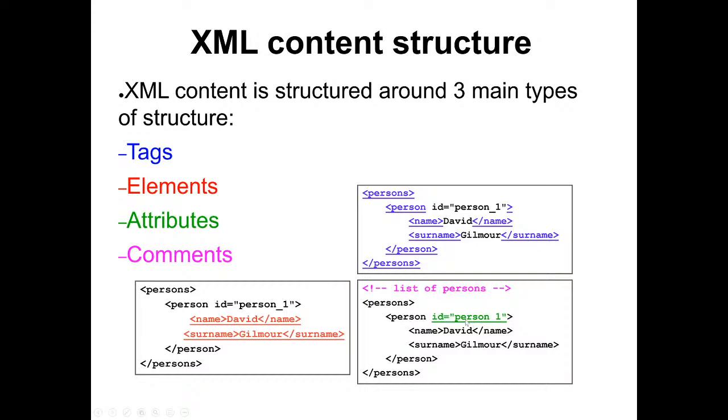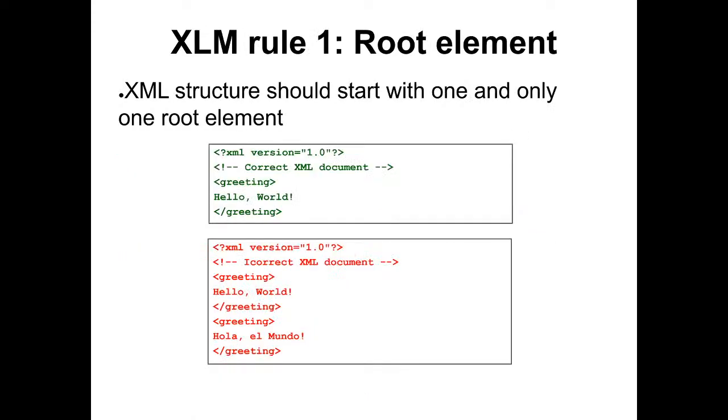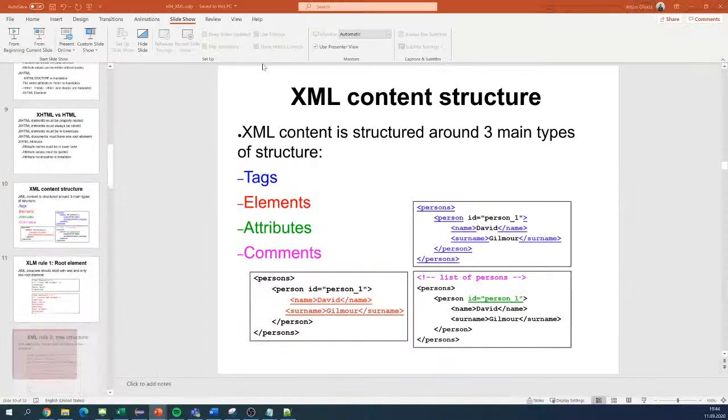Then we have the attributes, which are the attributes of the tags themselves. And of course you can write some comments using again these brackets, then some other symbols, dashes, and that's how it looks like. As I said, all the XML, not XLM but XML, sorry.